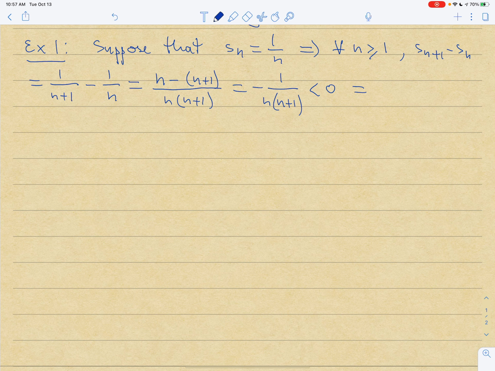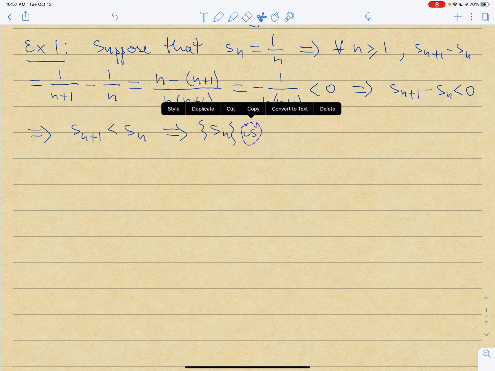So therefore, Sn plus 1 is strictly less than Sn. So the sequence Sn equal to 1 over n is decreasing, and because we have a less sign and not a less or equal sign, it is strictly decreasing.